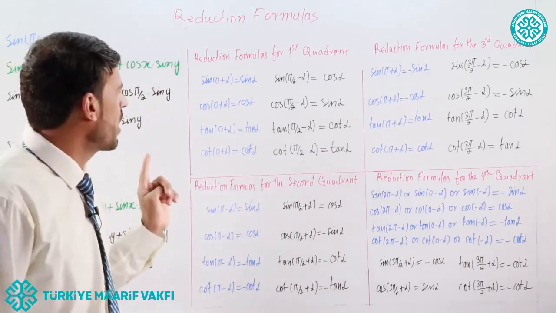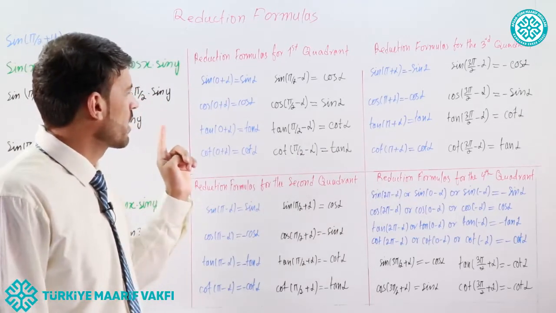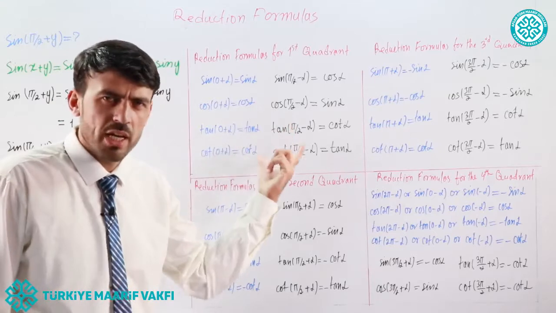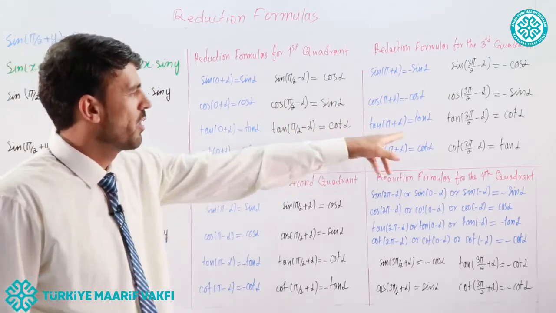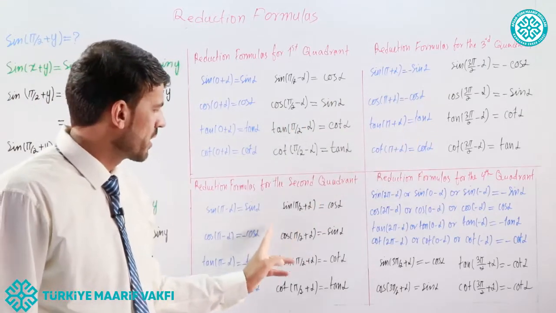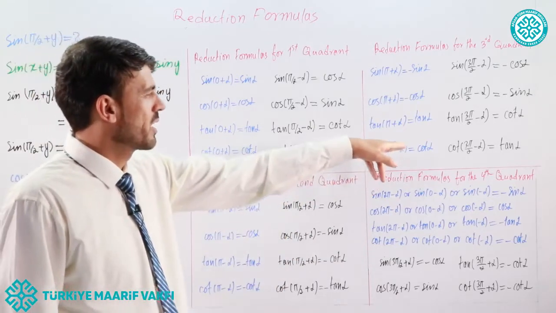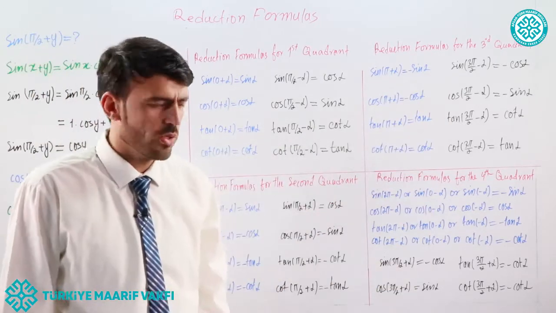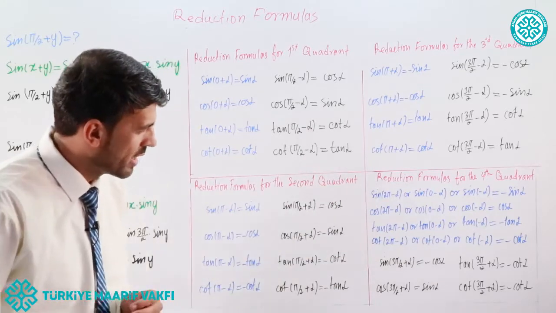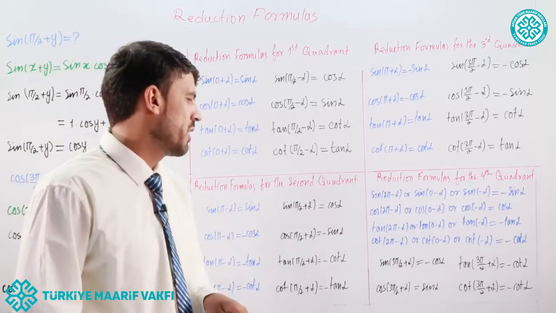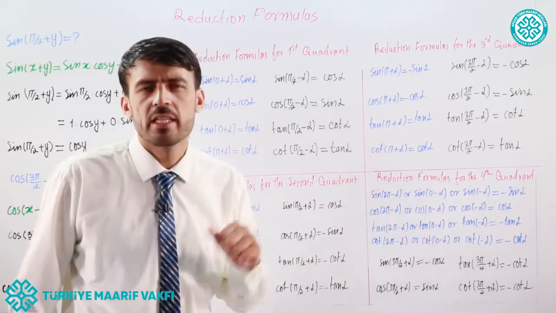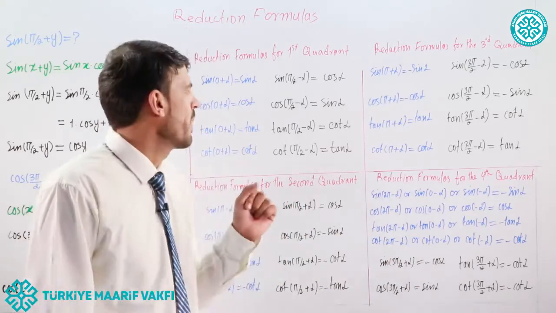The reduction formulas for the first quadrant can be of 2 types. Also the reduction formulas for the second quadrant will be of 2 types. The reduction formulas for the third quadrant also will be of 2 types, and the reduction formulas for the fourth quadrant will also be of 2 types.